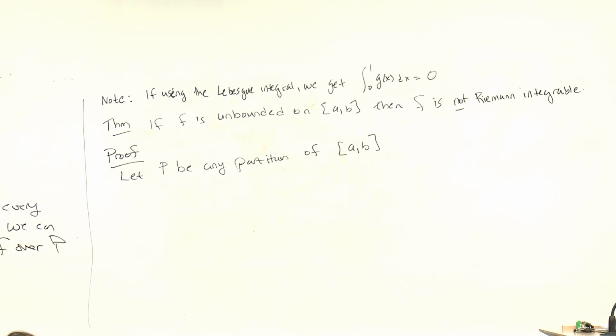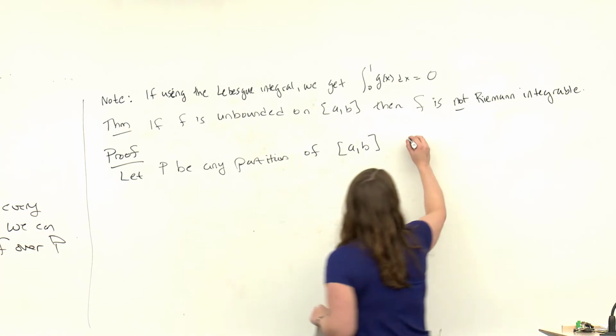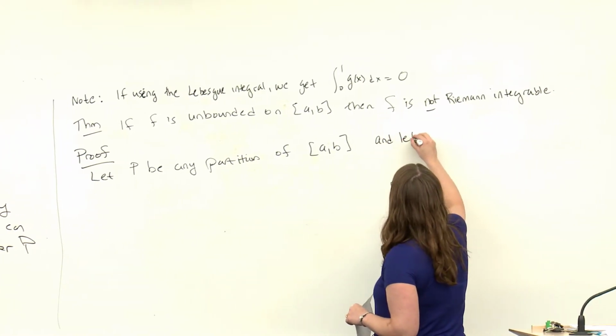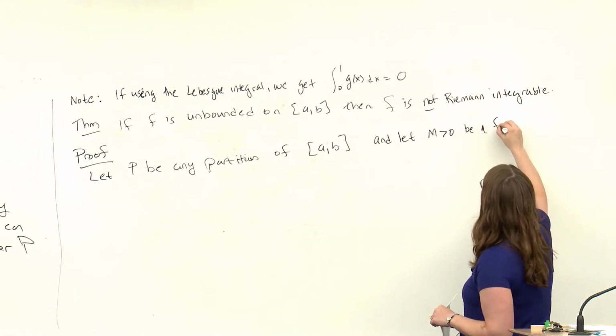And I want to do what I did here. I want to show that no matter what partition I use, no matter how refined it is, I can come up with 2 different Riemann sums that give me dramatically different values. So I'm going to ask the difference between these values to be some number m. Let m bigger than 0 be a fixed number.